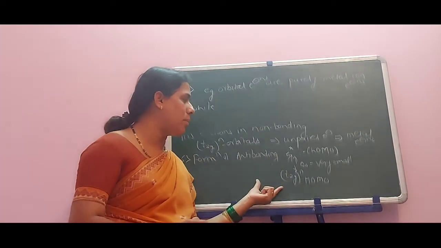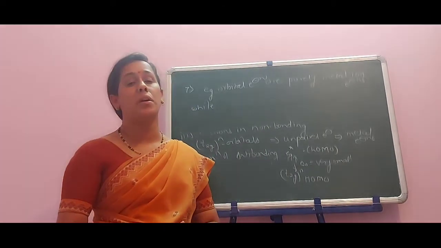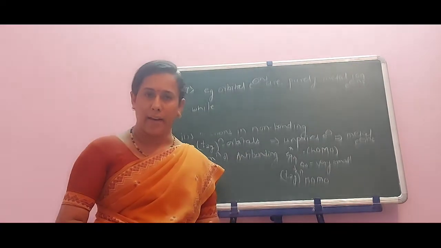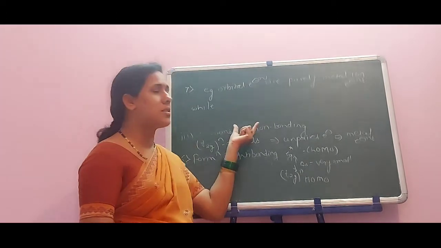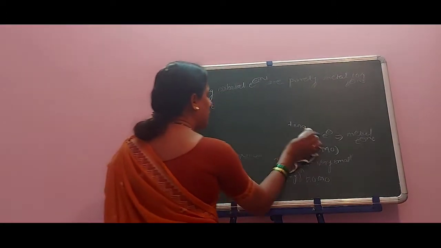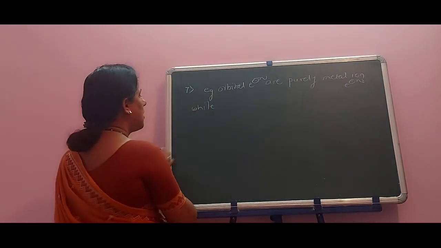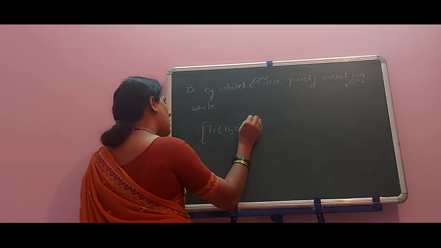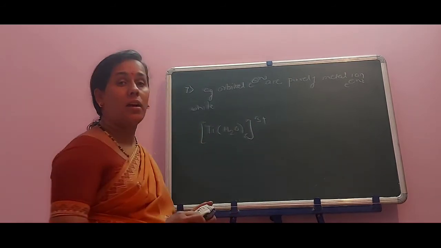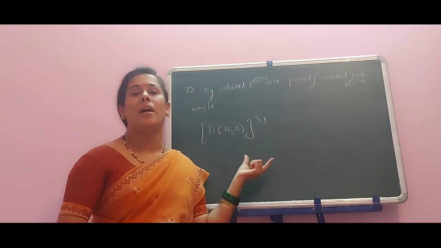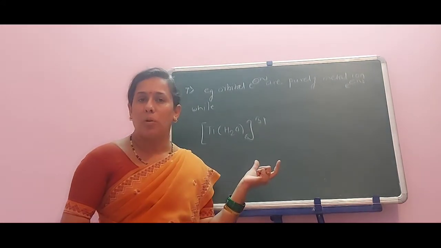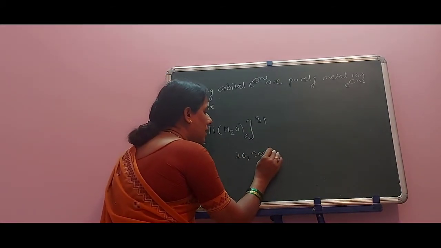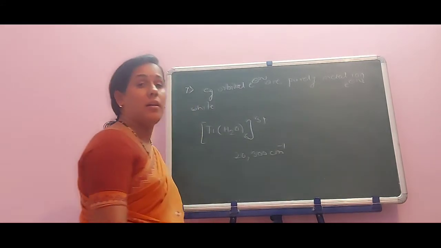Thus we have completed the specifications according to the molecular orbital theory with energy level diagrams. In the next lecture, we are going to discuss the formation of the Ti(H2O)6 3+ octahedral complex with energy level diagrams, and how the spectra of the molecule can occur at 20,300 centimeter inverse.